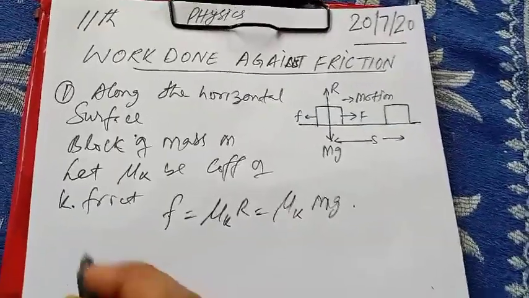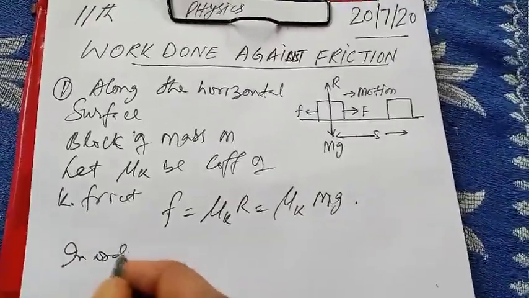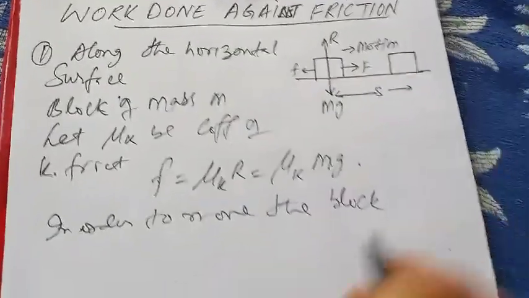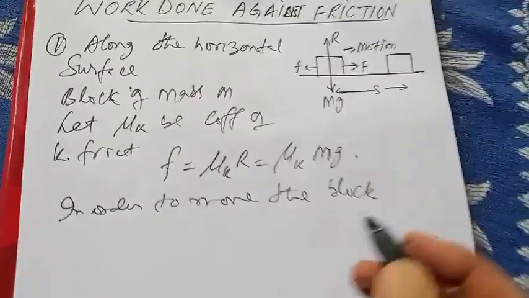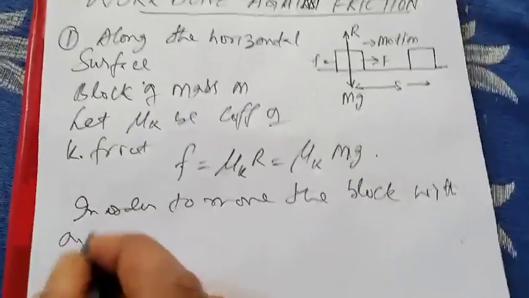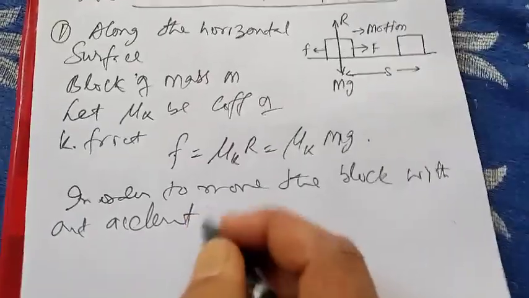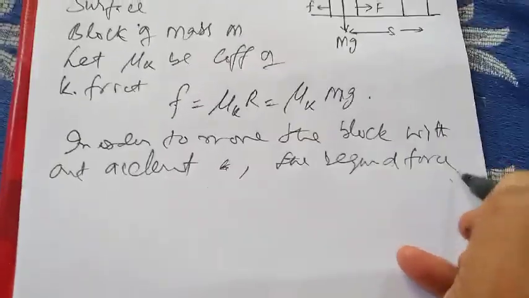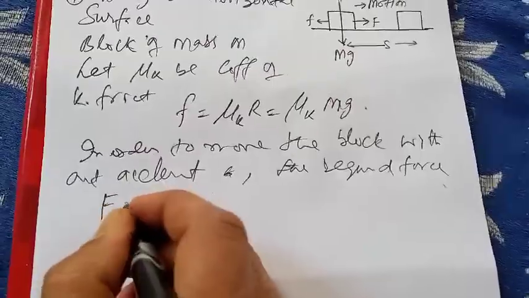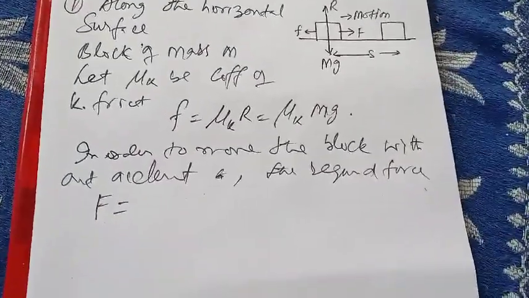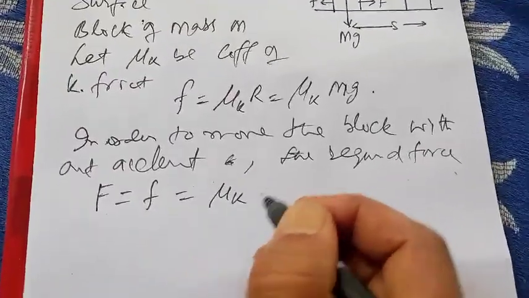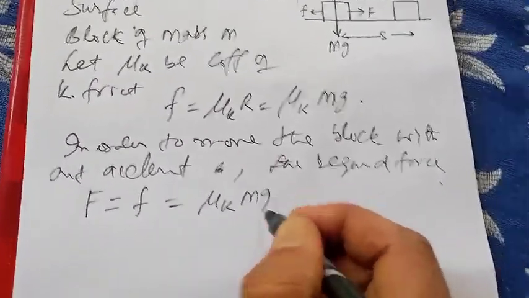Therefore, in order to move the block without acceleration, the required force F should be just equal to the force of friction, that is F is equal to small f, which is equal to mu k mg.